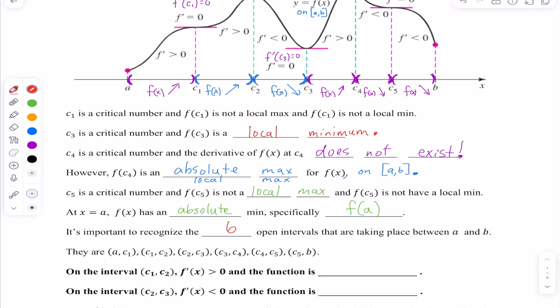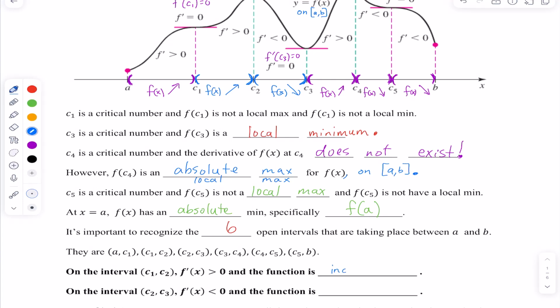Now, on the interval here, C1, C2, right there, this open interval, we can see that the function is actually increasing. And we denoted it down here with the symbols. Okay, we can see that on C1, C2, the function is increasing. And then from C2 to C3, on this open interval, the function is decreasing. So that is very important in the study of graphs and models.